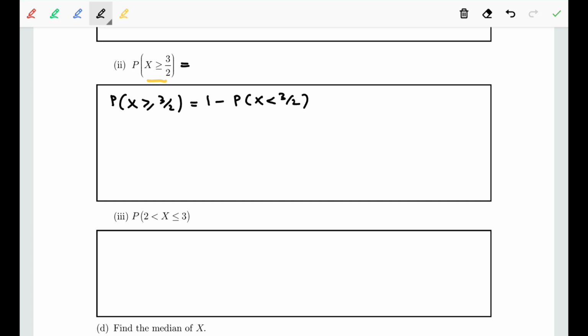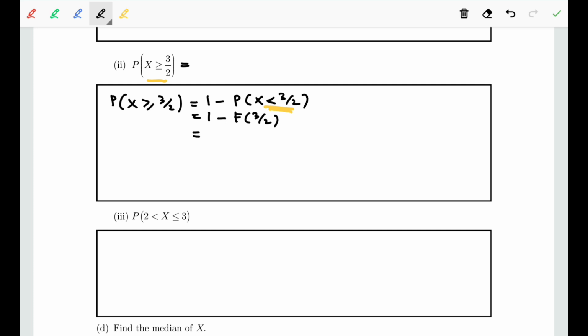So when we change the equation, since this is now less than, we can write 1 minus F of 3 over 2. Then we can use the capital letter F, which means we use the CDF.